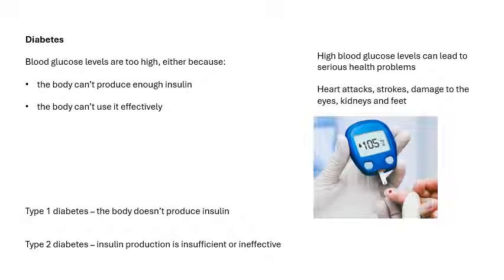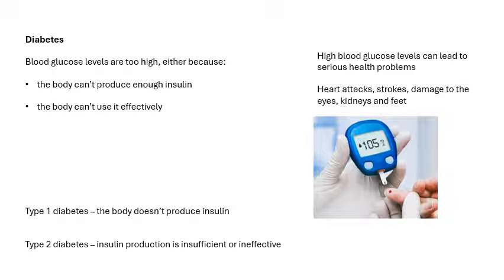Apparently, this is something that you might be born with; it's usually inherited. Type 2 diabetes is when maybe the body isn't producing enough insulin, or the insulin isn't doing its job properly. You've become resistant to it, and that's usually caused by a bad diet or lack of exercise.